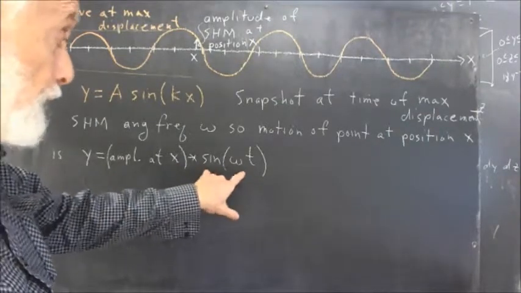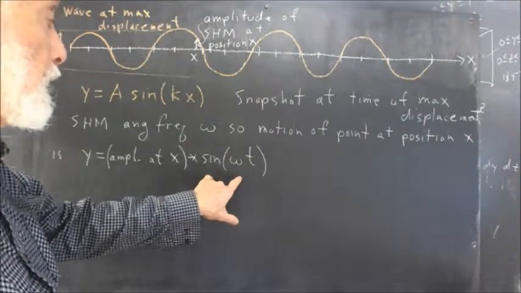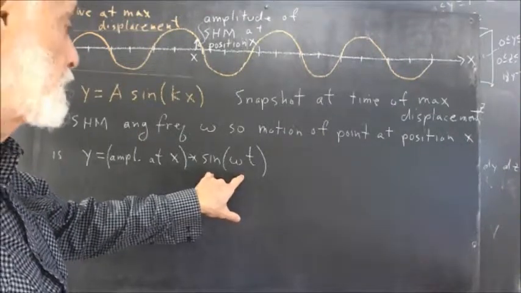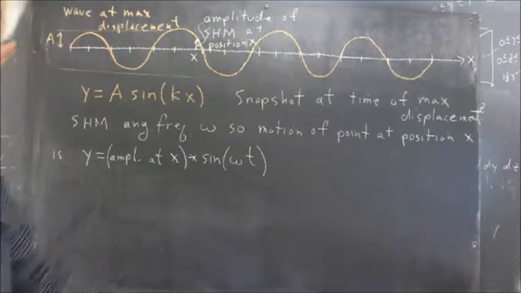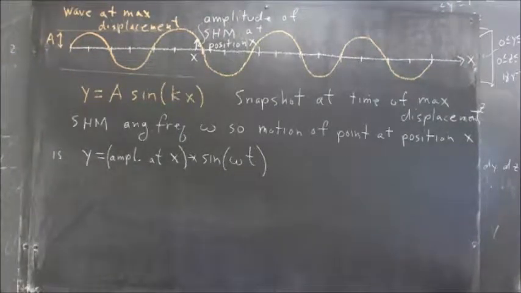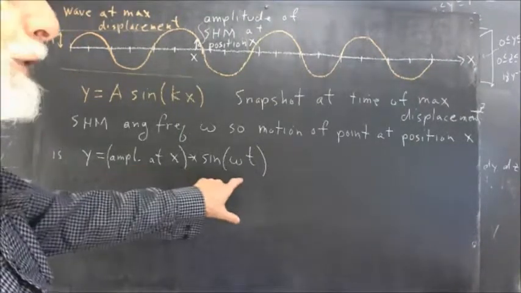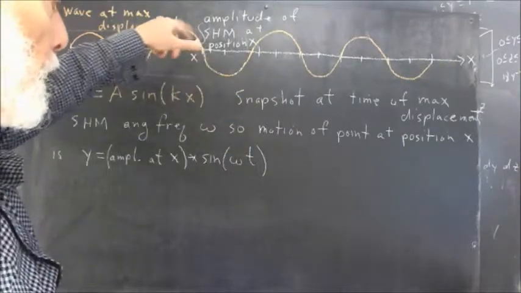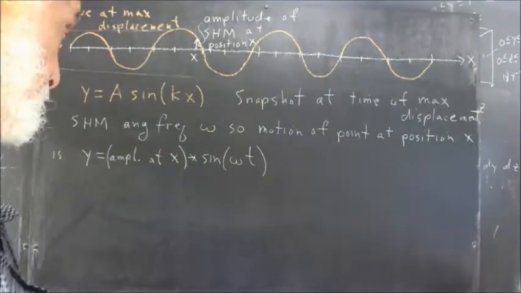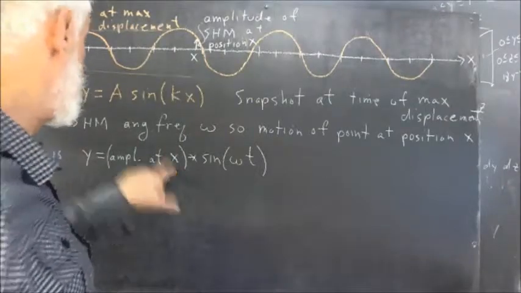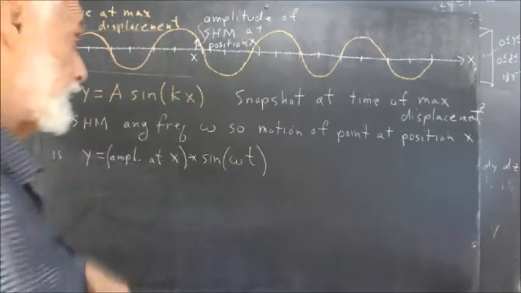And of course, we understand the implications of the sine of omega t for simple harmonic motion. So we multiply amplitude times sine of omega t, and we have a simple harmonic motion of a point. Well, what's the amplitude at x? It's A sine of kx.